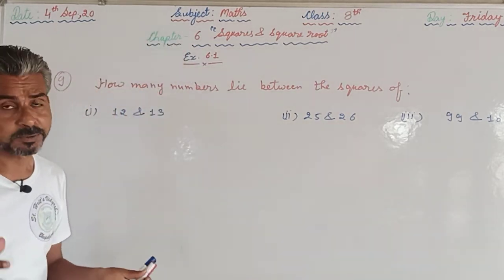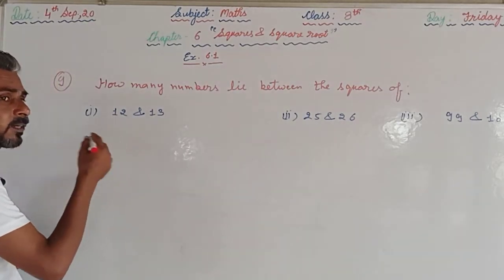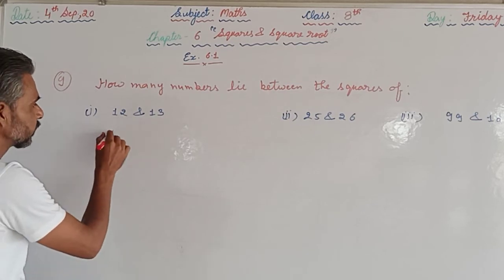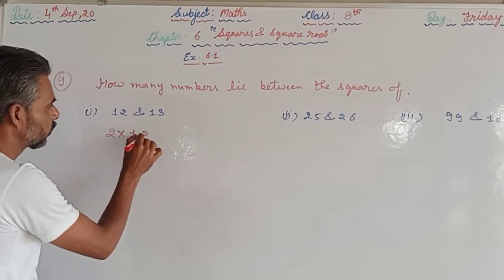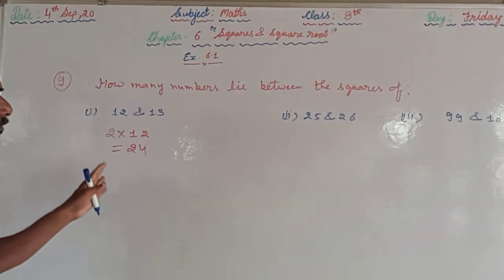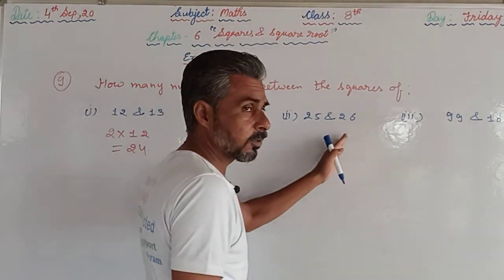One way is to write 144, 145, 146 up to 169 and then count how many numbers are lying between 144 and 169. And second, smartly we can use the formula. That formula tells us twice the smallest number. Which is the smallest number? 12, so 2 into 12, means there will be 24 numbers lying between the squares of these two numbers. Here which is the smaller one? 25.